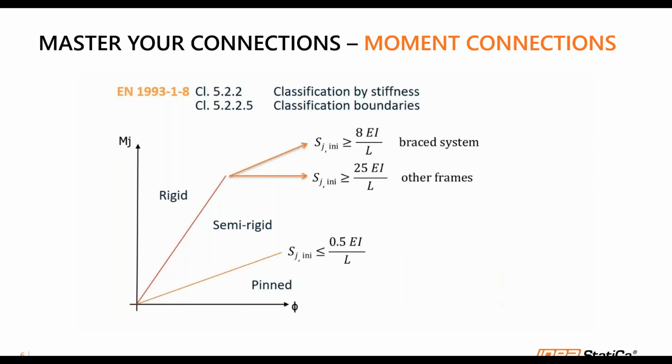Usually the requirements are governed by the initial stiffness of the connection, modulus of elasticity, moment of inertia, and theoretical length of the analyzed beam. Based on these values, the connection is classified as either pinned, semi-rigid, or rigid.